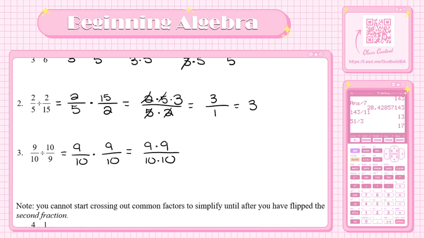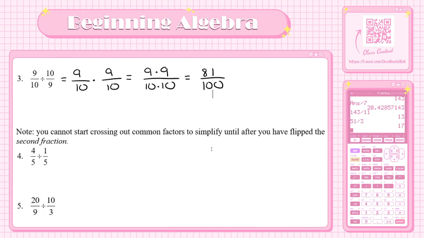Well, I know that 9 only has 3's in it, and 10 only has a 2 and a 5 in it. So I don't need to worry about simplifying. Nothing's going to cross out. I can just write 9 times 9, which is 81, and 10 times 10, which is 100.